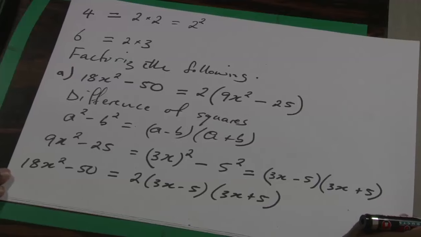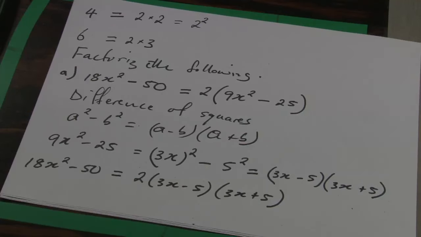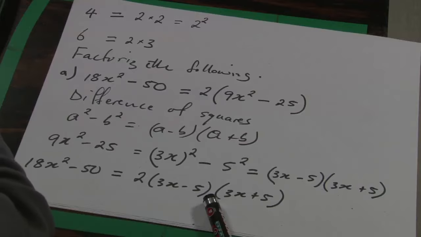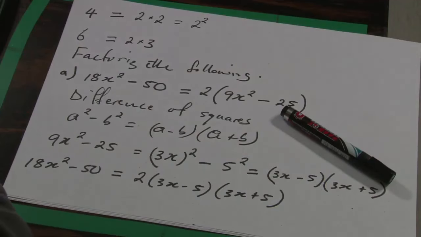So now that is complete. We have managed to factorize 18x squared minus 50. We've managed to write it as a product of simpler terms, but although you've written it as a product of terms that are simpler than the initial one, they are not the simplest that you can get. We still needed to factorize the 9x squared minus 25.